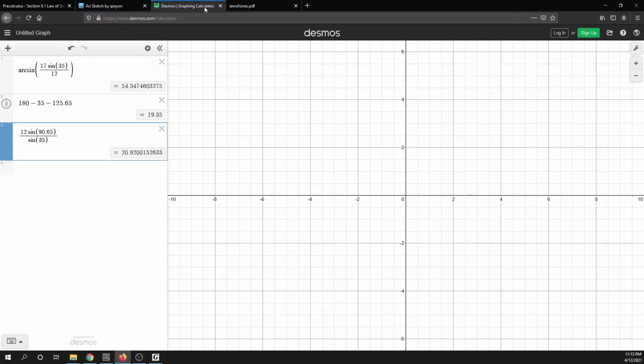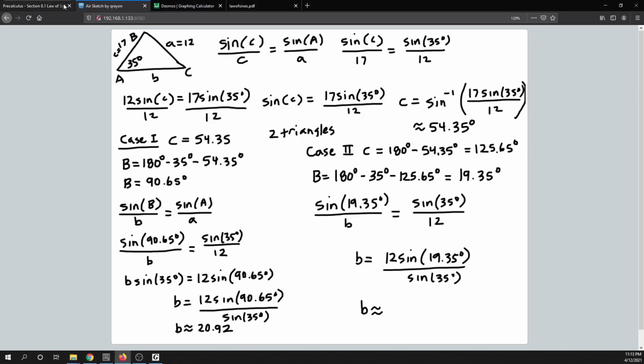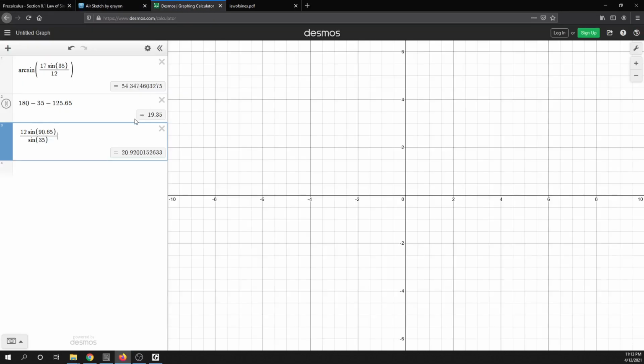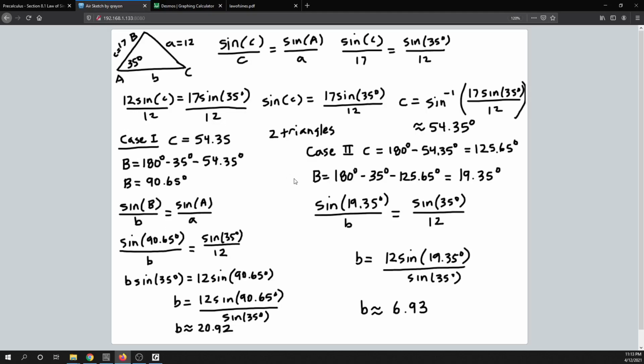And side B would be approximately 6.93 units, and that's to 2 decimal places. All right, and that is it on this one.